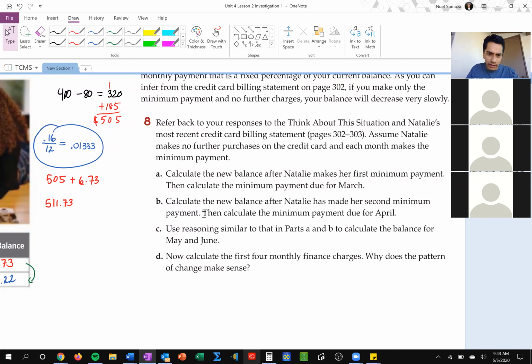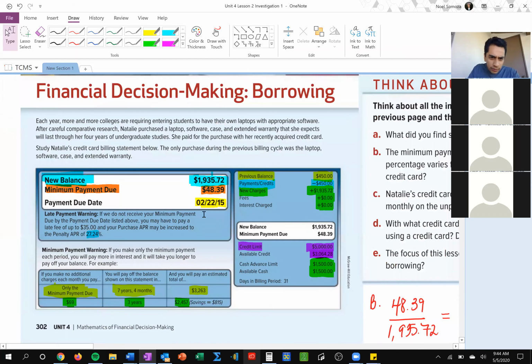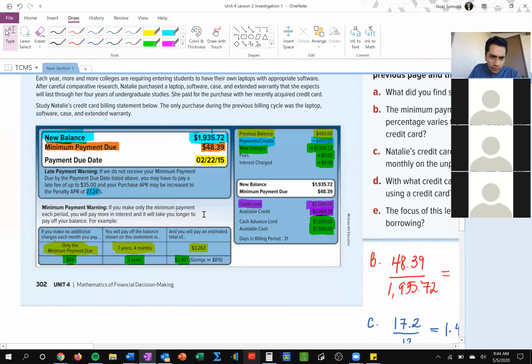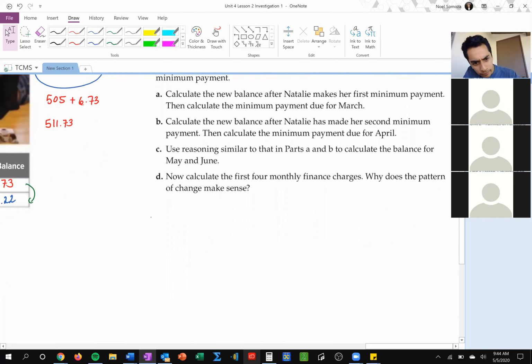Let's actually go back because we're going to need some key information here. So she has a balance of 1935 with 72 cents. Actually, I have it right here. Look at it. 1935 with 72 cents.